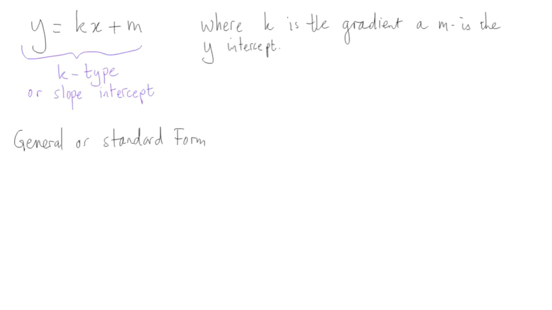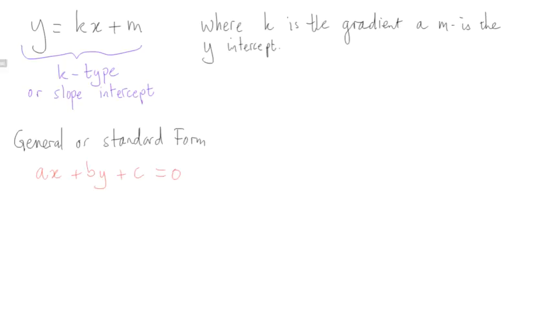It's written like this: ax plus by plus c equals 0, and these values here, a, b and c, are all constants. And normally, the a here has to be positive. The number in front of the x is made positive. But you can switch between these two by just doing some algebra, which we're going to practice in a second.